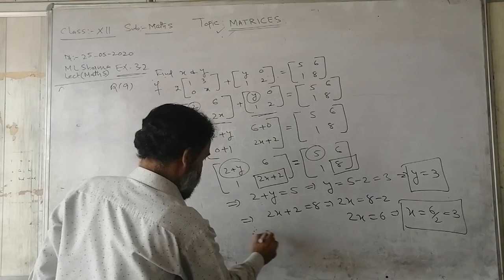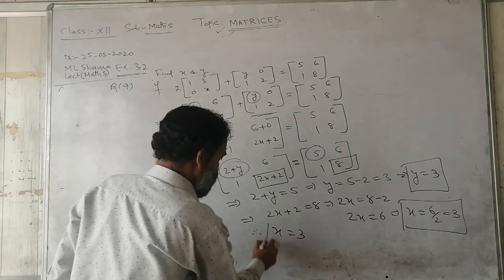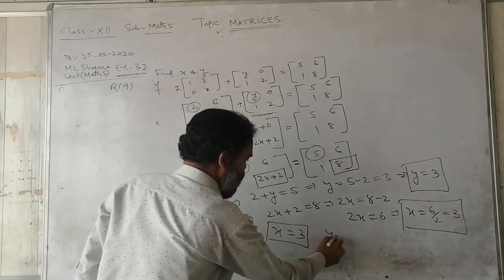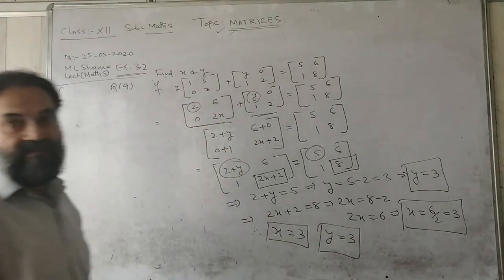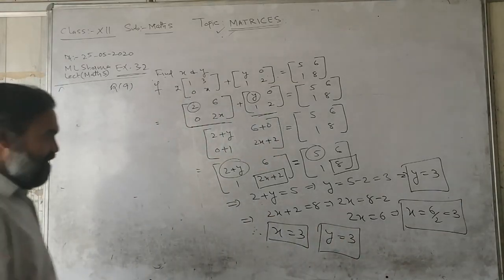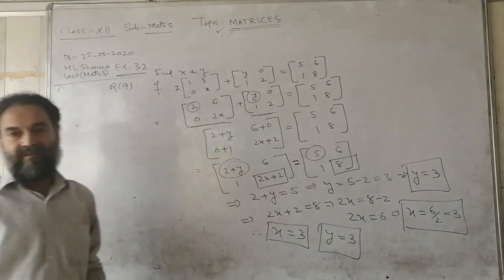So that is x equal to 3 and y equal to 3. So in this way the value of x and y can be found out.